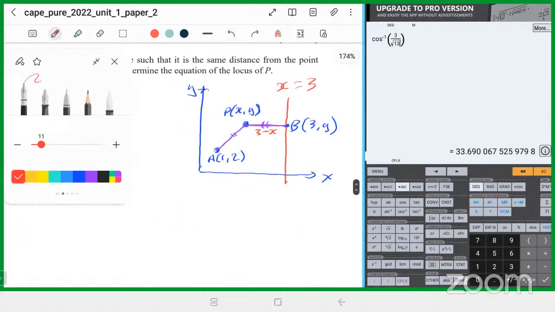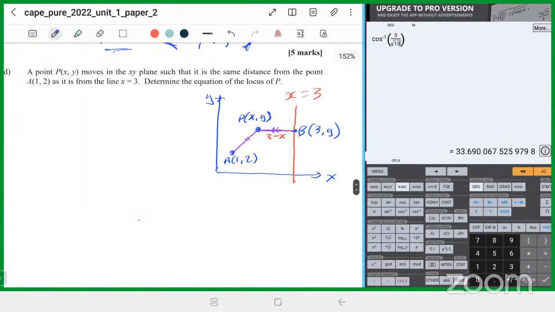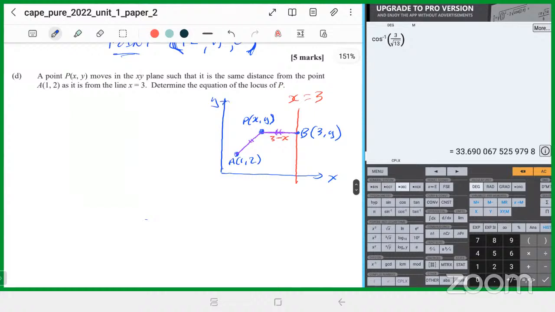So that's how we're going to get the locus. Simple as that. But it's always good if we can sketch it out, put what they have said on the diagram. So I'm going to say that AP is equal to PB. The AP is the length of line formula between these 2 points.